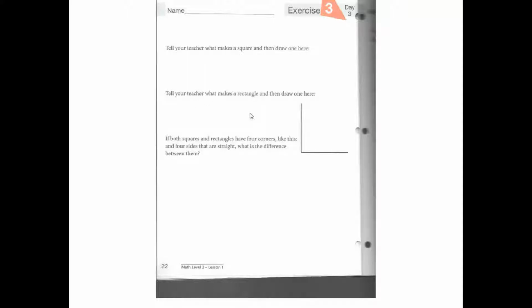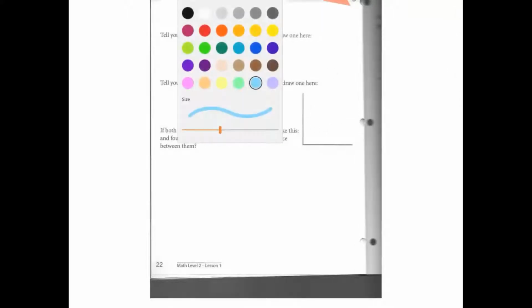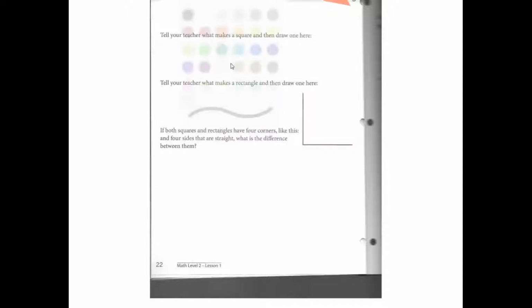Now I have a thinking problem here. Do you see this right here? Let me get back over here. You see this? Remember what we said this is? When we can draw a perfect little square right there, it's called a right angle.